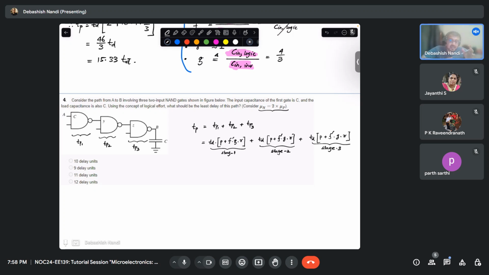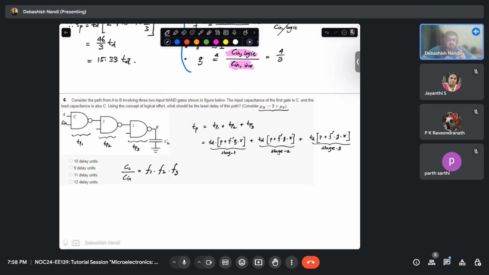But you remember in the inverter chain problem, how we dealt with the delay? We dealt with the delay by minimizing the overall delay with respect to the size of each of the stages, right? And that was done such that C load by C in should be equal to F1 times F2 times F3. F1 was what? C ratios, right?